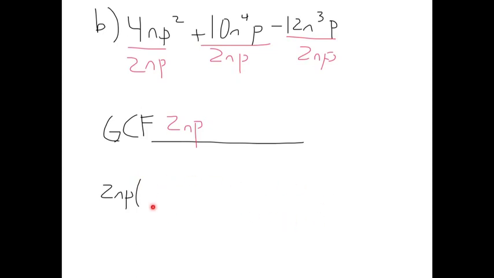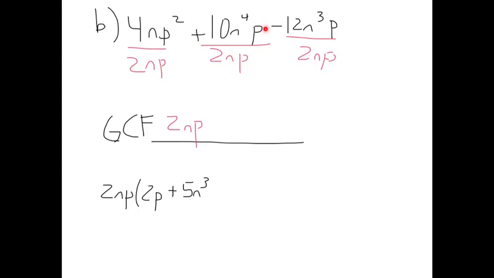So 4 over 2, that's just 2. N over n, those cancel. P squared over p is just p. And then 10 over 2, well, that's 5. And then n to the 4th over n, that's n cubed. And then the p's here, p over p, those just cancel.